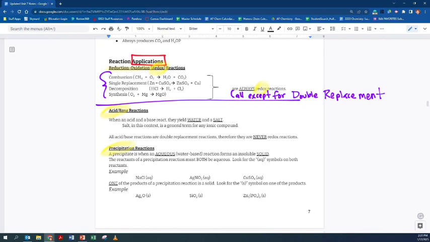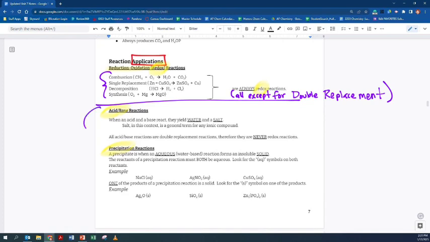So anything that's not double replacement, its application is automatically redox. So I would always recommend you start by finding your type, then the application. We're almost never going to ask you for the application without first asking you for the type. So go through that process, find it first, and then most of the time it's just going to be redox.